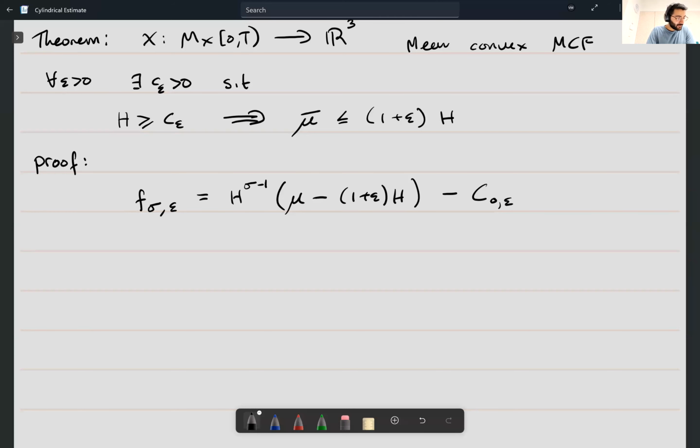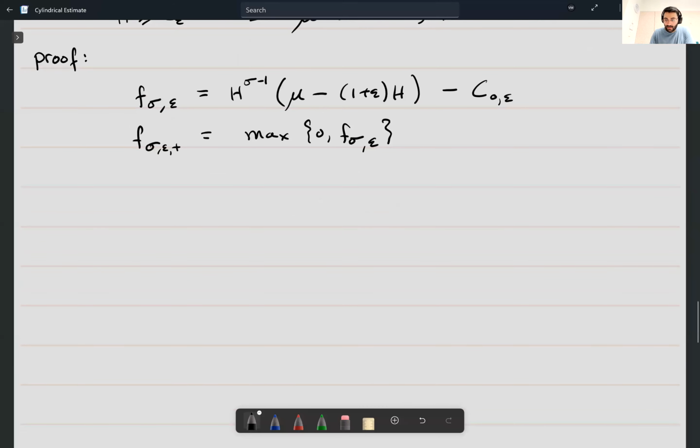I don't fully understand why that particular calculation in the paper is done, or what motivated it. But anyway, let's define f sigma epsilon plus to be max of 0 and f sigma epsilon, and then there's quite a long calculation. I understand the calculation, but not why certain parts of it were done.